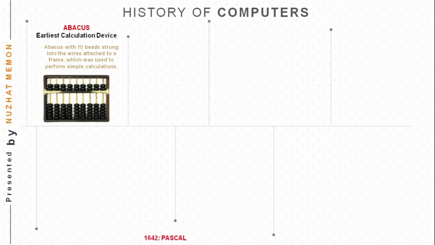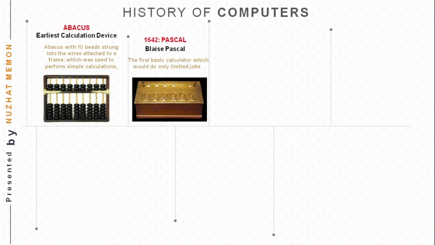Then the second thing we are going to see is the Pascal calculator. In the year 1642, the Pascal calculator was invented by Blaise Pascal. It was a basic calculator which could do only limited jobs, and it has a very interesting story behind it.